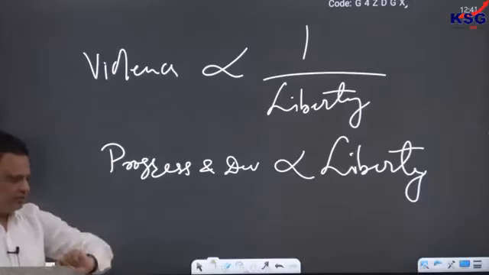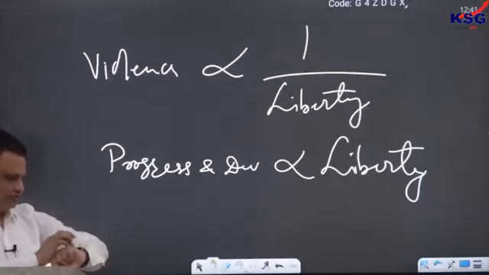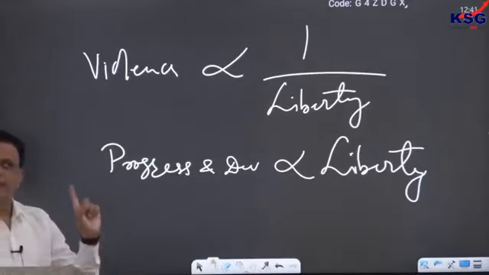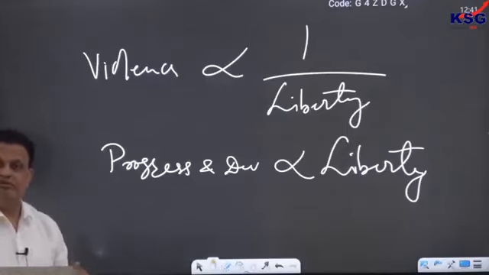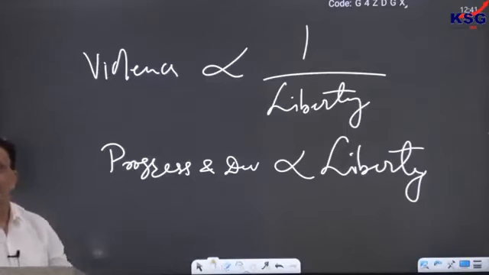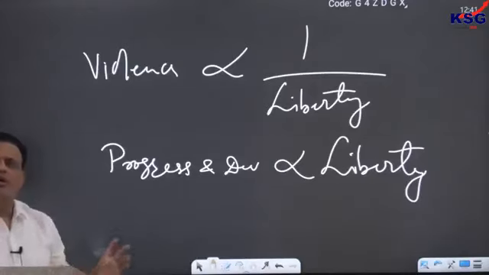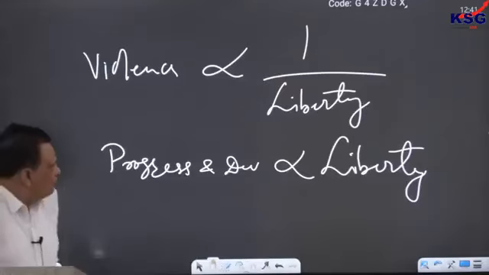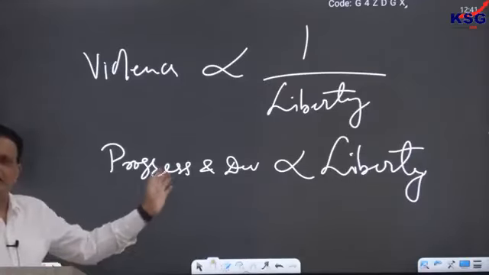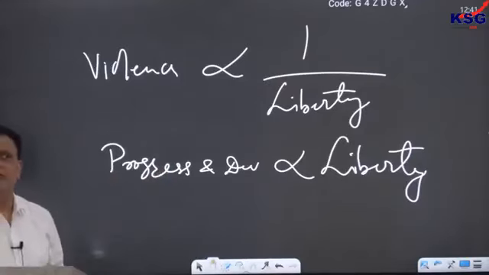Then he did not force anybody to become Buddhist. He allowed everybody in India to follow their religion. That was the time when a lot of liberty was there.